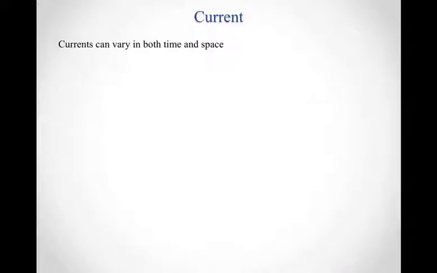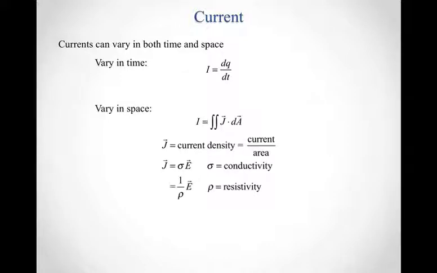Now, of course, currents can vary both in time and in space. Obviously we've talked about how they vary in time just based on their definition. So if you have charge that's flowing past you faster at one instant in time and then it slows down, that's clearly current that's varying in time. It can also vary in space. So you'll notice here that I can also define the current as the double integral over an area of this quantity J, which is known as the current density.